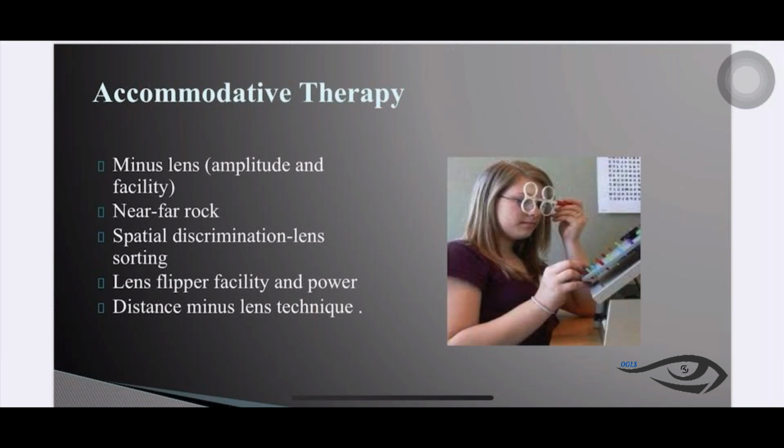Then spatial discrimination and lens sorting. There is something called lens sorting therapy, which should be given to develop the accommodation of the person. Then lens flipper facility and power you should give. Then distance minus lens technique, where you give the minus to develop the amplitude of accommodation. So these are the accommodative therapies you should give initially to the patient.